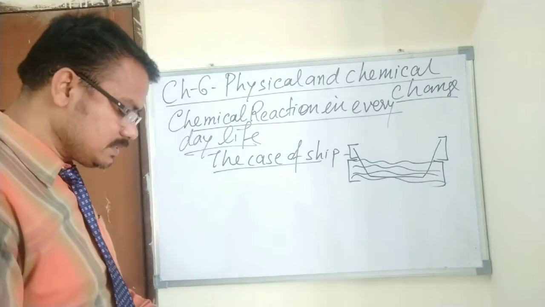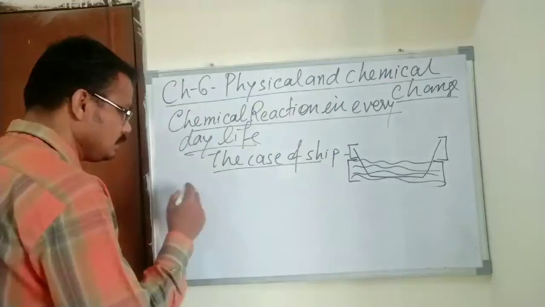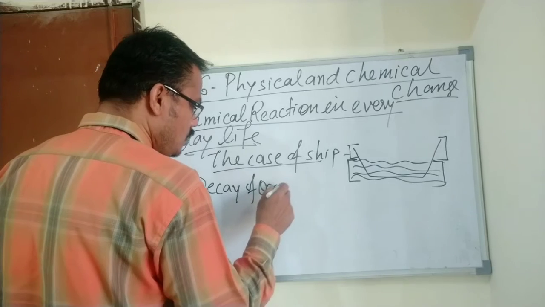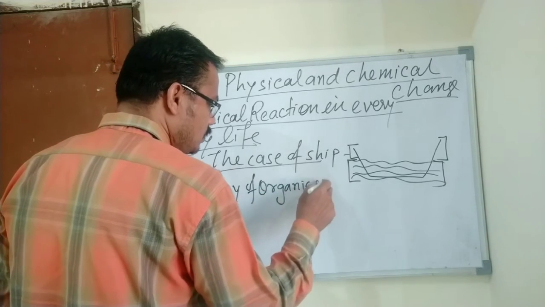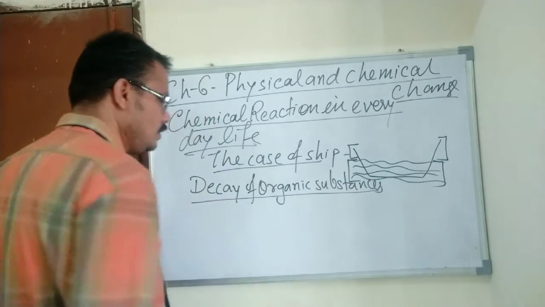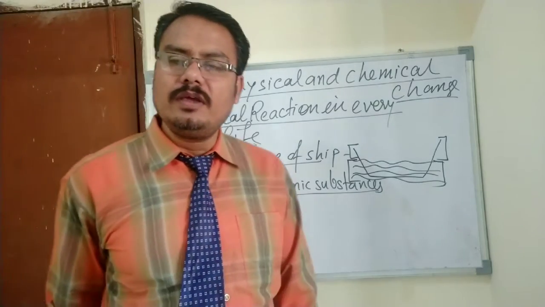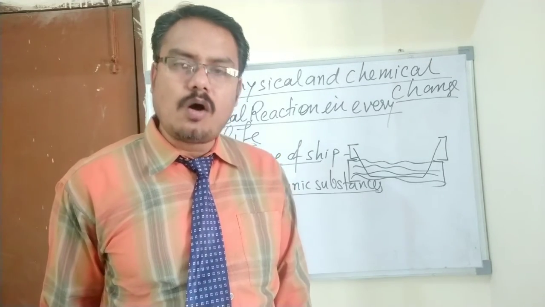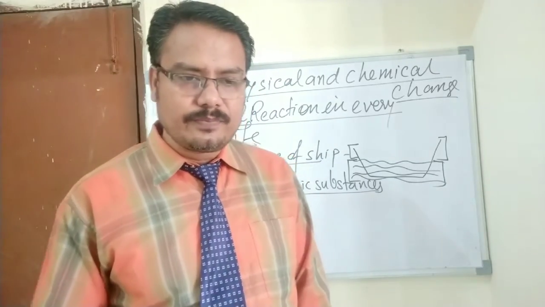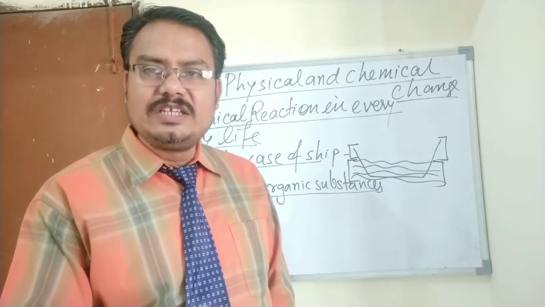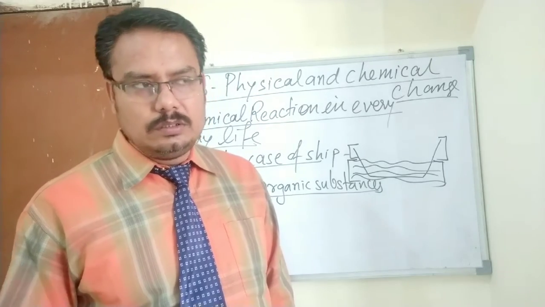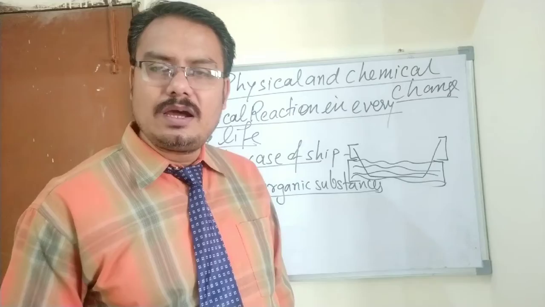Next, students, my subtopic is decay of organic substance. What do you mean by organic? The remains of living things, such as vegetable peels, leftover food, and the remains of harvested plants.